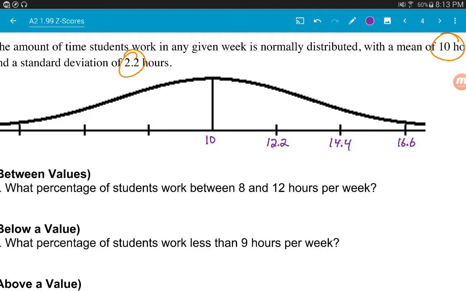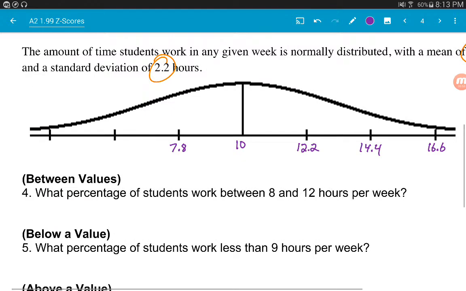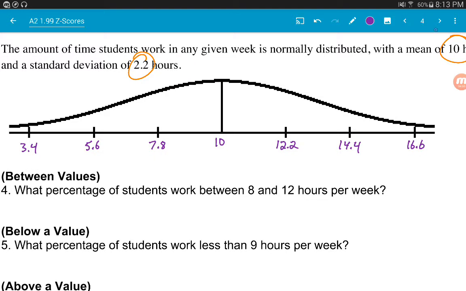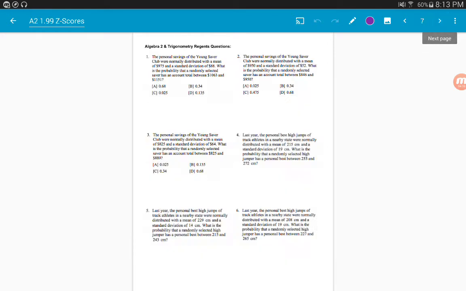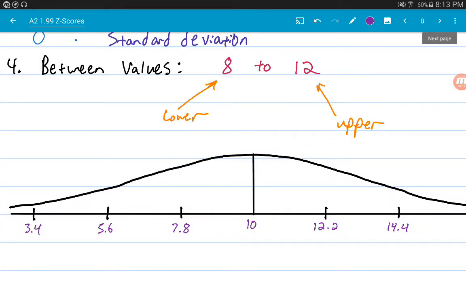As I move to the left, I'm going to subtract 2.2. So this is 7.8. Subtract 2.2, and this is going to be 5.6. Subtract 2.2 again, and it's going to be 3.4. So that's where these numbers come from on the graph. So let's go back to the question. 8 is my lower, so 8 is going to be right around here, a little higher than 7.8 on the number line.